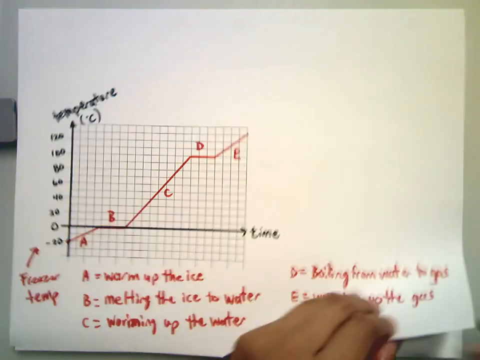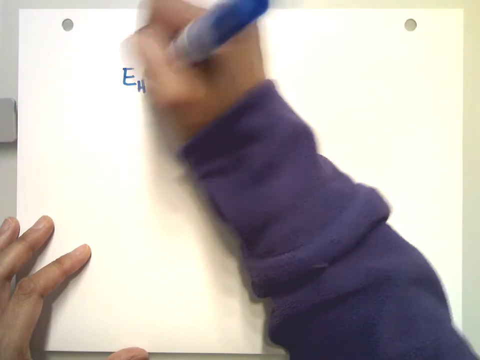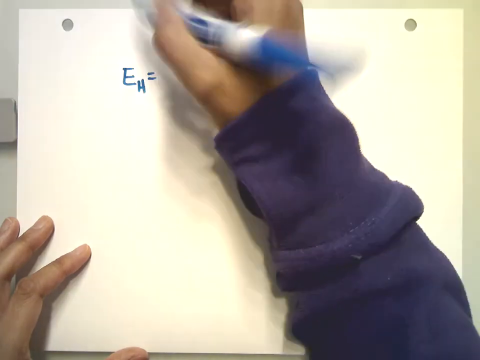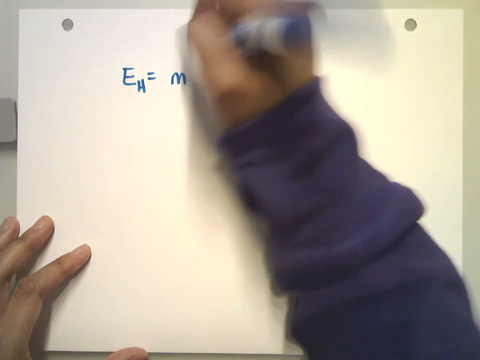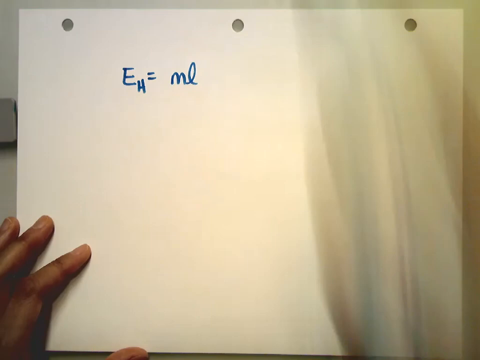All right, so let's do an actual summary. I'll get back to this graph in a moment, and we'll fill more in. But let's go back to a summary of what I talked about, this phase change. So latent heat, there actually are two formulas for it, but this is a general formula for latent heat. E is equal to mL, okay?